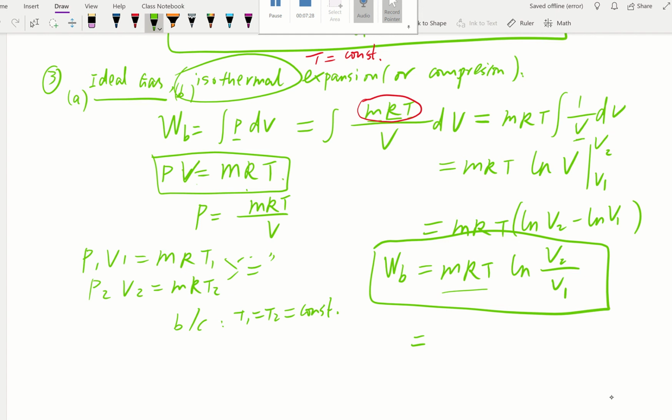So they are all equal to mRT, and we can get rid of the subscript under the T. Knowing that, because it's isothermal and ideal gas, we can replace mRT with P1V1. We can also replace mRT with P2V2.